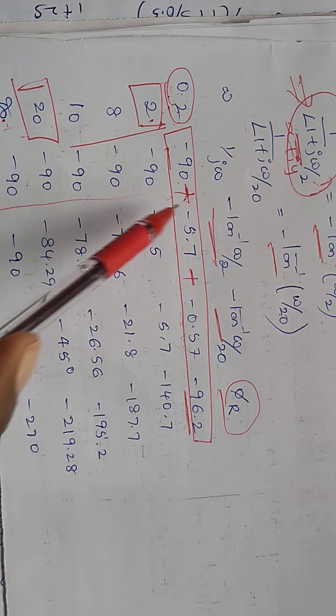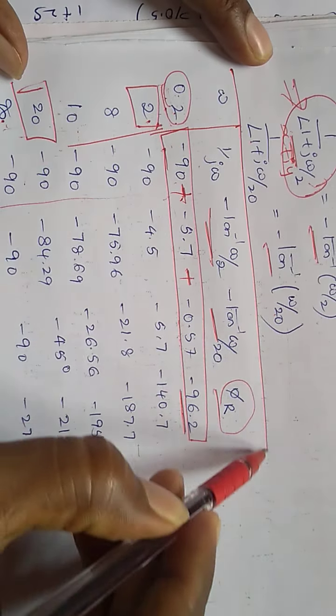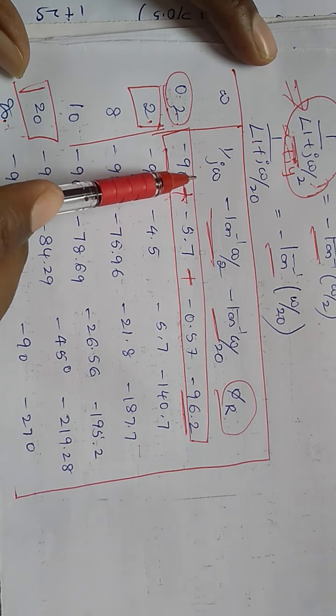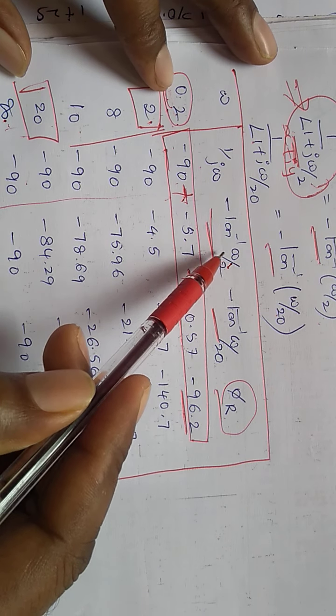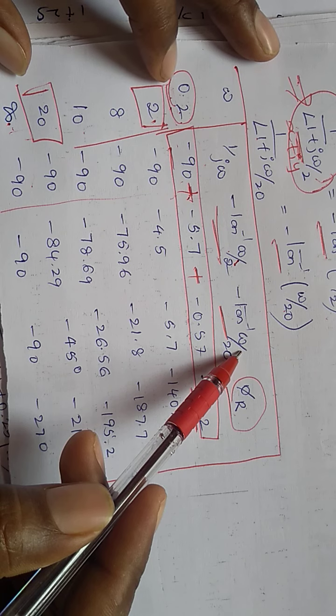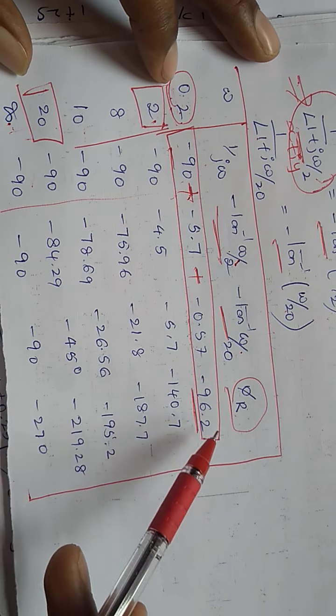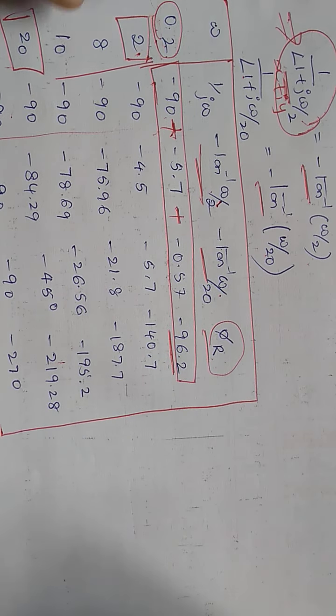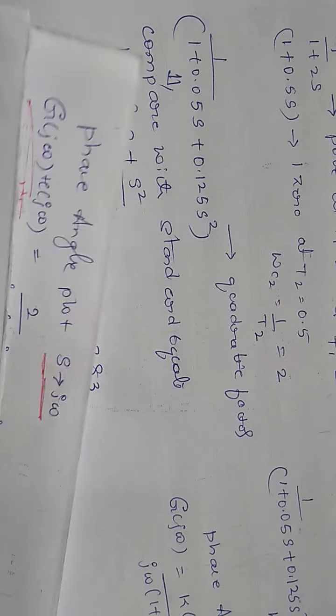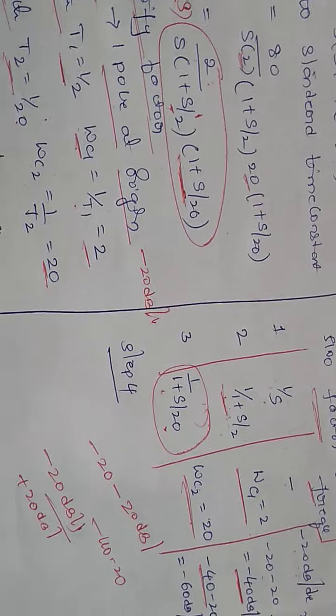This is the complete table. 1 by j omega means the default value is minus 90. Put omega equal to 0.2 here, and we will get the angle. Here also put omega equal to 0.2 by 20, we will get the values, and this is phi r. Finally, you have to sketch the Bode plot with the help of all these values.